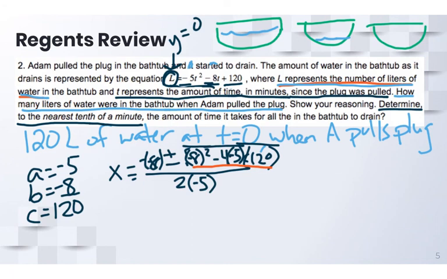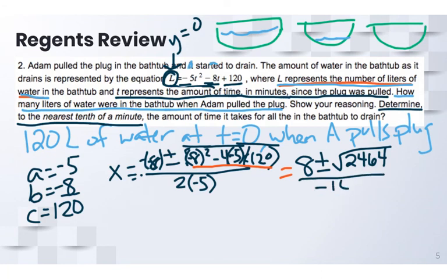And I get the number 2,464. All right, so -8 gives me a +8, plus or minus the square root of 2,464, all over 2 times -5, which is -10.